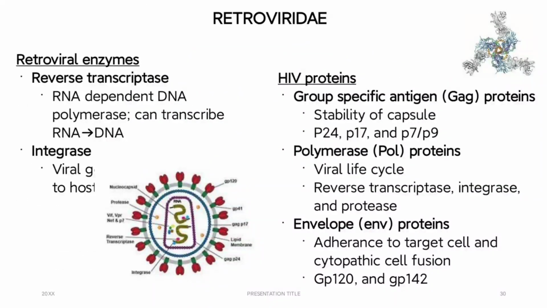So, retroviridae, they have the retroviral enzymes. There are two enzymes. We have the reverse transcriptase, RNA-dependent DNA polymerase, which can transcribe RNA into DNA. So, it no longer needs the help of the machinery of cells. It itself can transcribe its RNA into DNA.